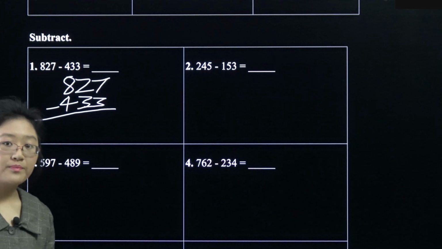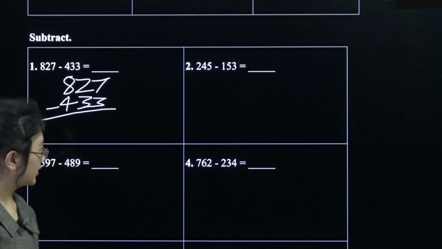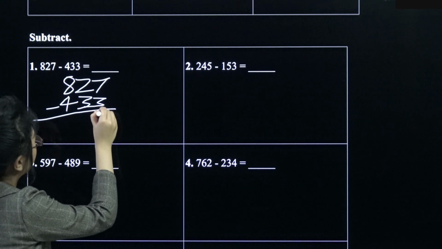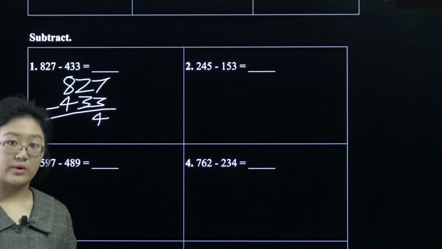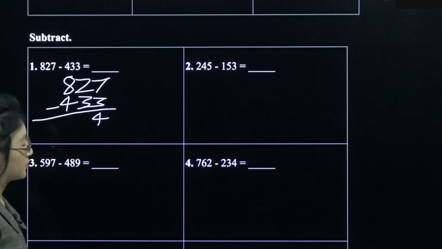Seven minus 3, we don't need to regroup for 7 minus 3. So that'd be just 4. 2 minus 3, well, we need to regroup for that because 3 is bigger than 2.